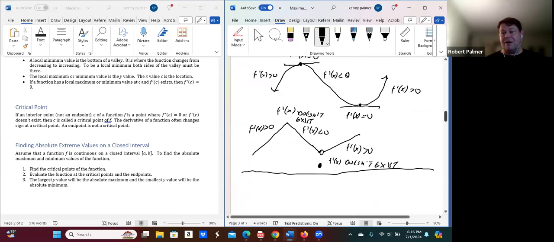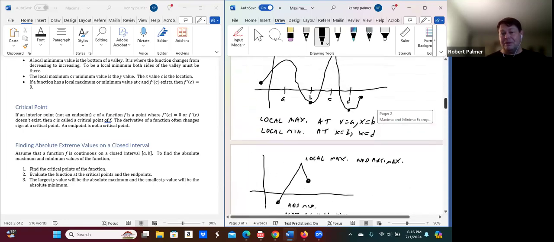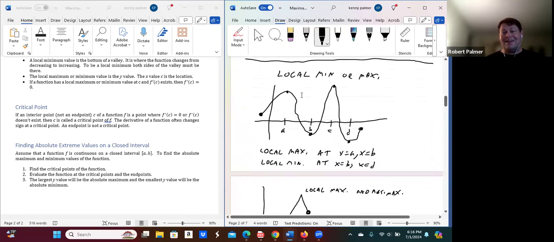Okay, so what we've seen so far is if you have an interior point of a function, not the endpoints, and if it's a nice smooth function, where it's continuous and smooth, in other words, no sharp corners, no holes, no gaps, then if we can find these points, these local maximums or minimums will often be important points to know. And as we just mentioned, with those nice functions, those are going to be the places where the derivative is equal to 0.